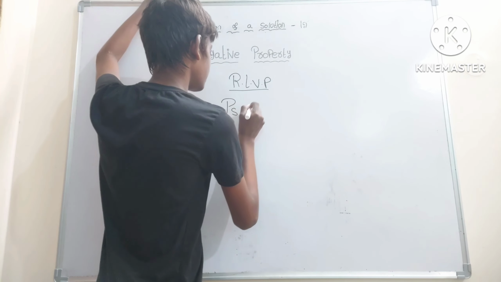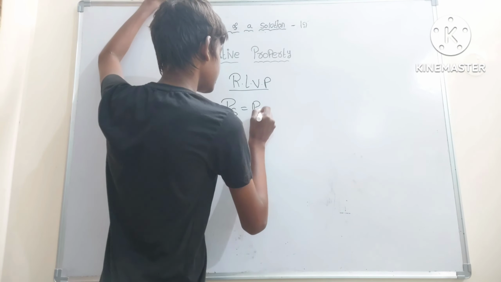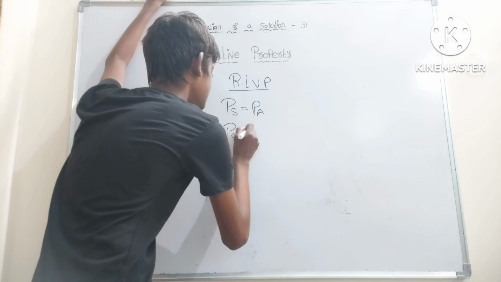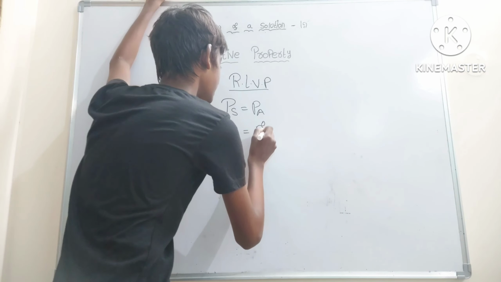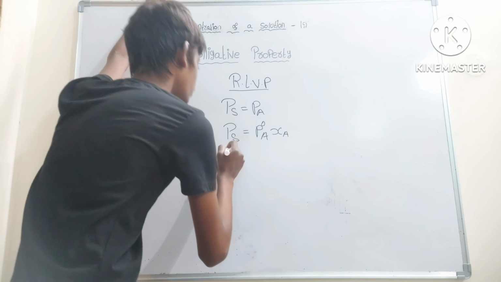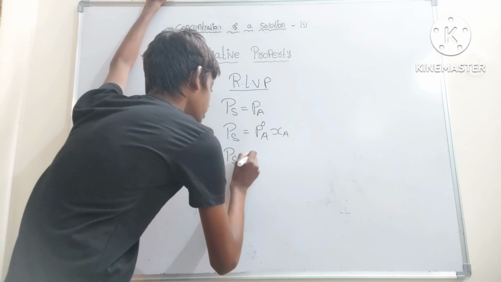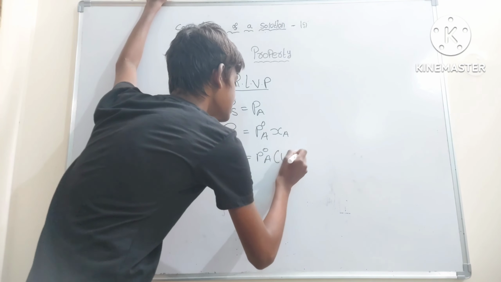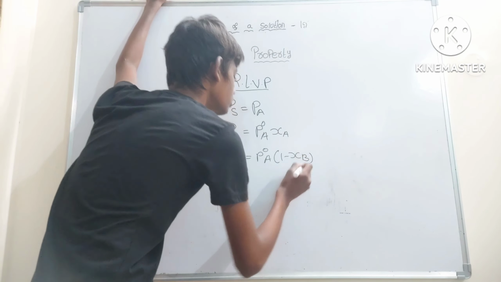Vapor pressure is equal to partial pressure. PS is equal to P naught A XA. What should I write for XA? It is 1 minus XB. Solve this.